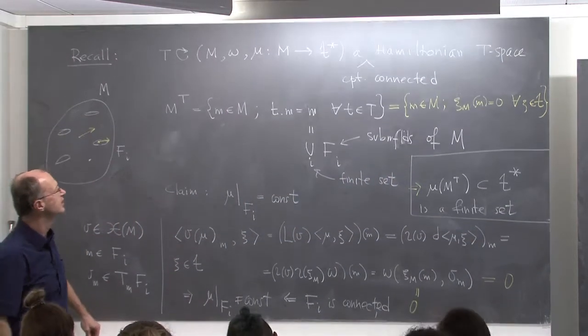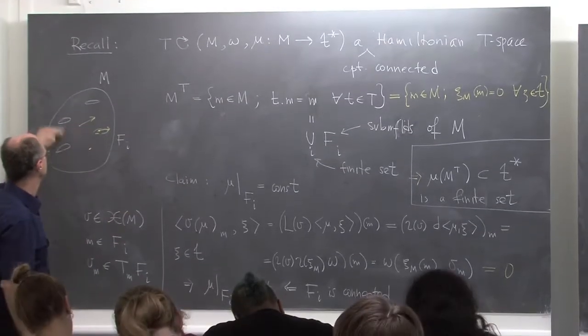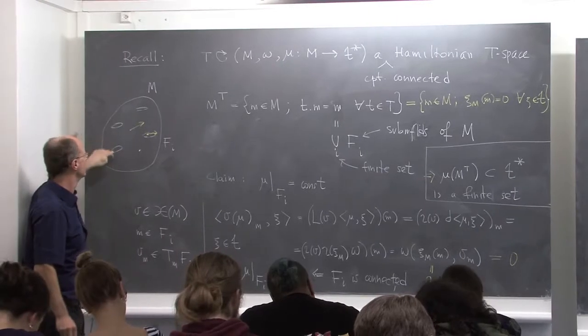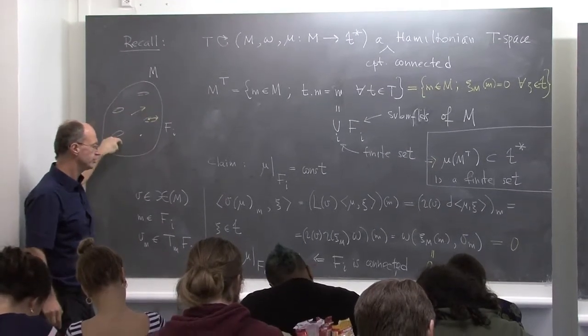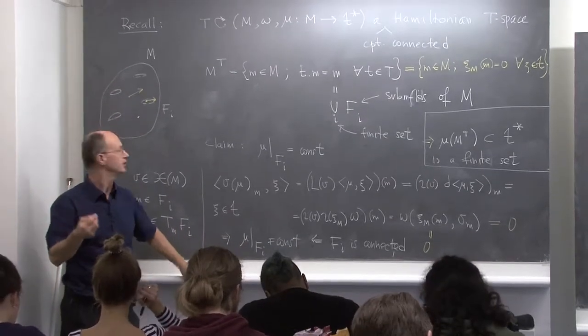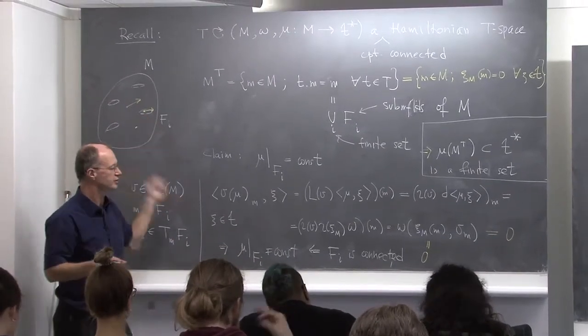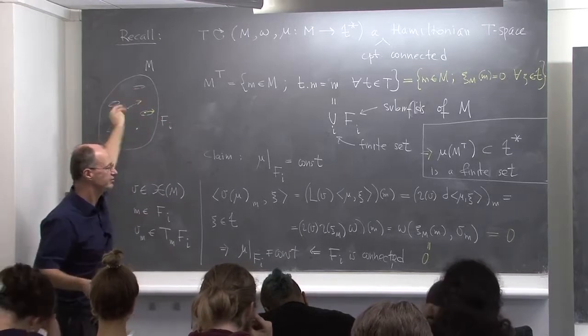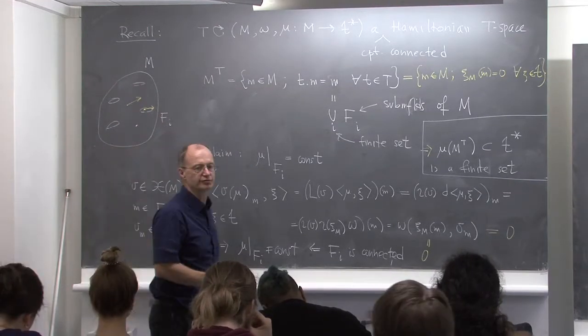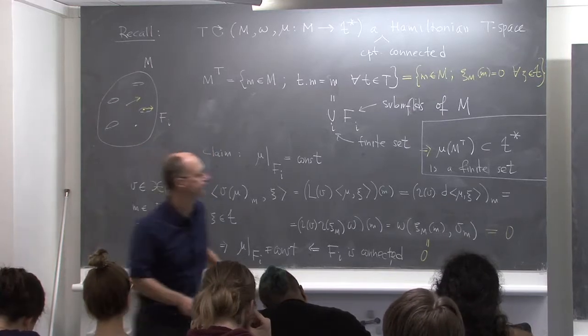We have a finite number of those connected components of those smooth submanifolds. On each connected component, mu is just a constant. So each of those submanifolds is just mapped to a point. So we have just a finite number of points as the image of this fixed point set.